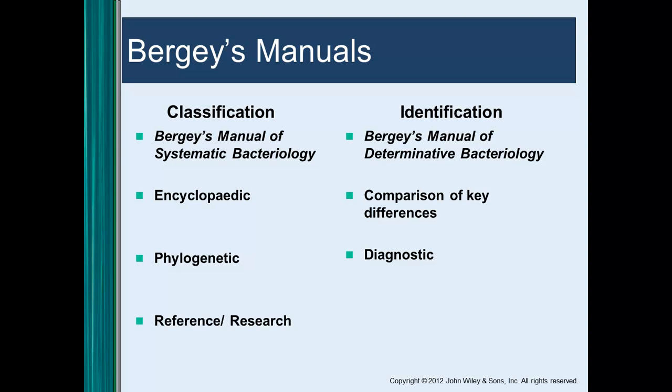However, it's important to also recognize that Bergey's manuals do not actually present an accurate picture of evolutionary relationships among bacteria. Instead, they're practical groupings of bacteria that make it easier to identify them. This manual is particularly useful as a reference and research tool.